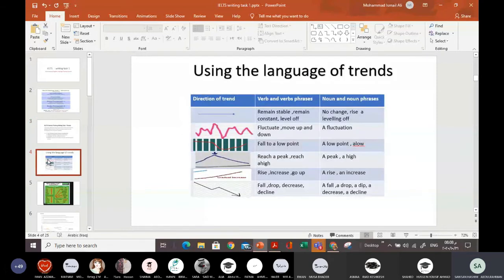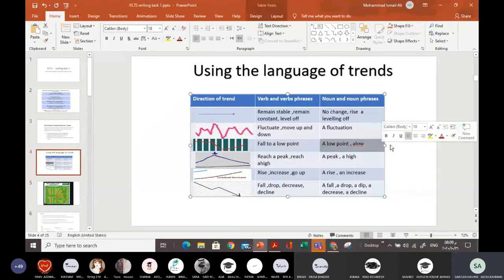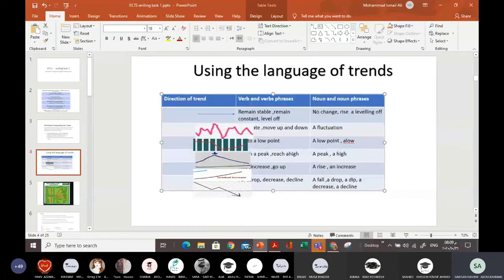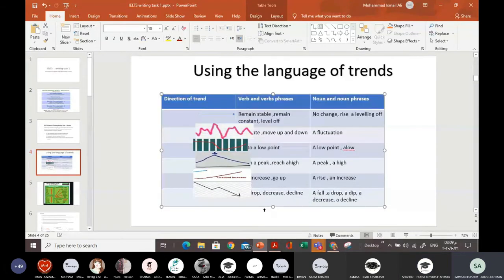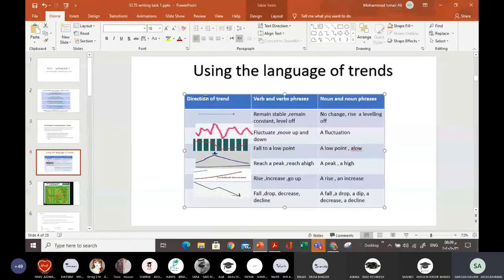Let's come here. Look, I want you to put this in your mind because it is very important. Can you see well? Yes. Okay, let's come here. First of all, look, we have tenses, and we are going to use verbs and verb phrases, and we have nouns and noun phrases.